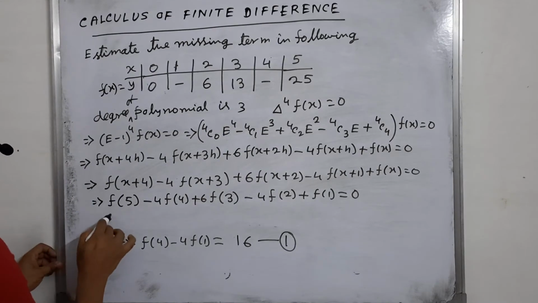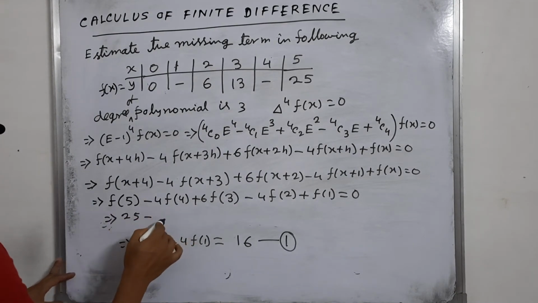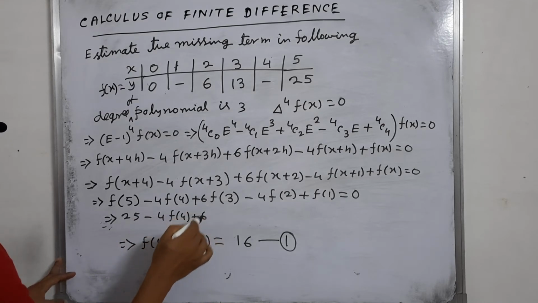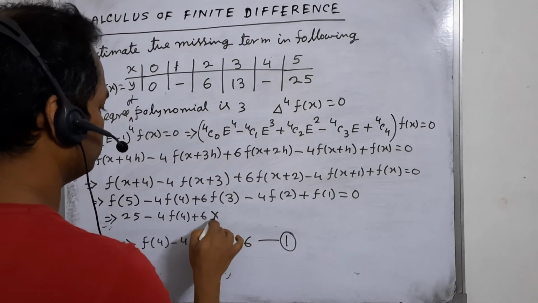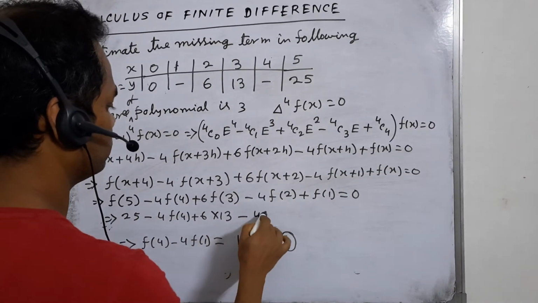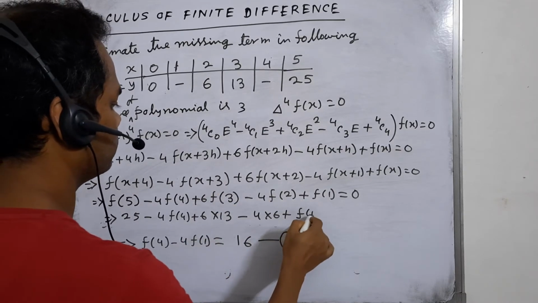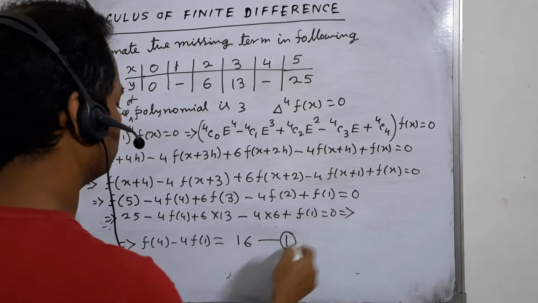So by putting f5 is 25, f4 is unknown, f3 is 13, f2 is 6 and f1 is unknown.